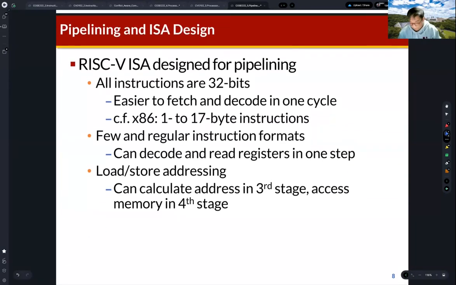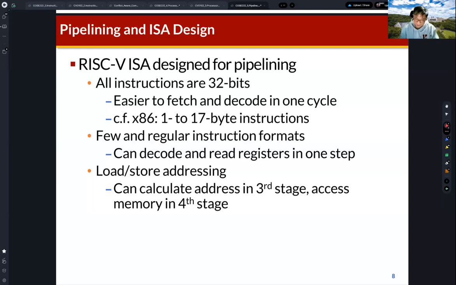Okay, so this slide explains why the RISC-V ISA is good for the pipeline architecture. It is because RISC-V is a RISC type instruction set, which means that the instruction decoding and encoding rules are much simpler than CISC type instructions such as x86.